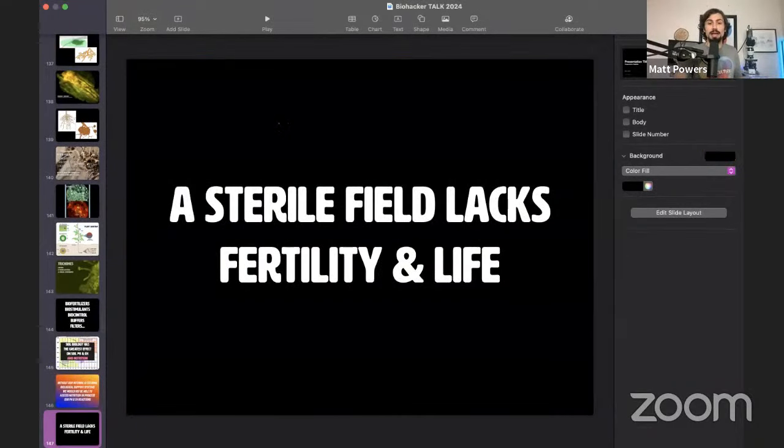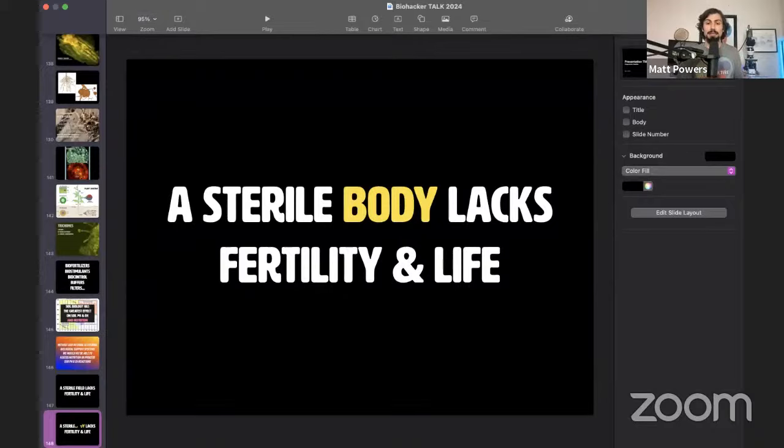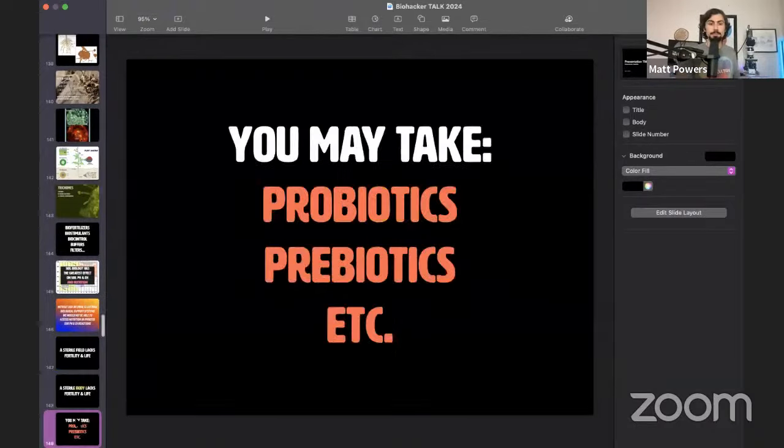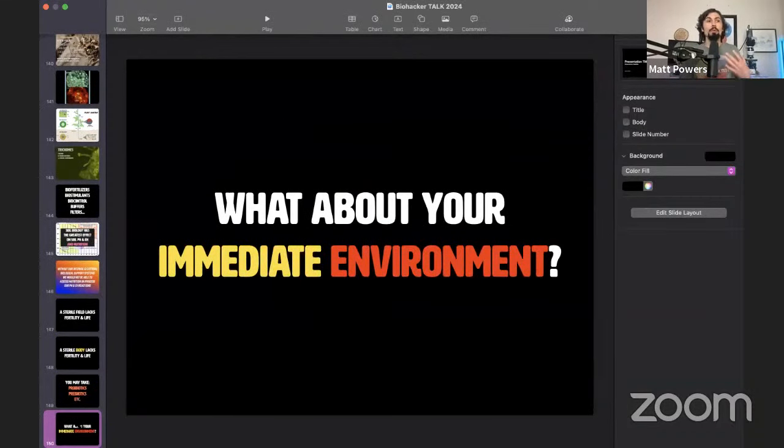A sterile field lacks the fertility and life that is required to process things. A sterile body lacks the fertility and life for health. You may take probiotics and prebiotics and so on, but what about your immediate environment? I know Lead Safe Mama is destroying her house trying to get rid of all the lead in it.